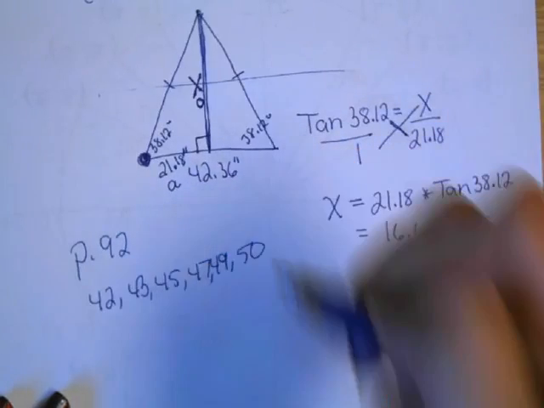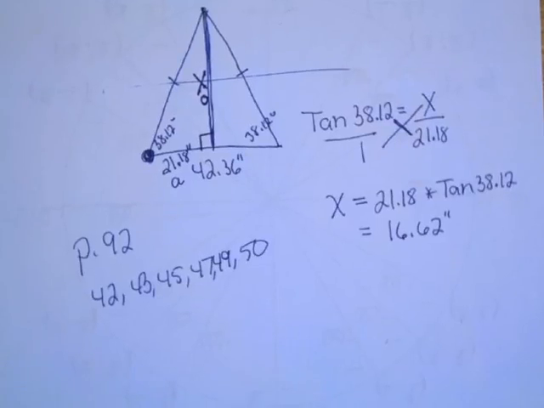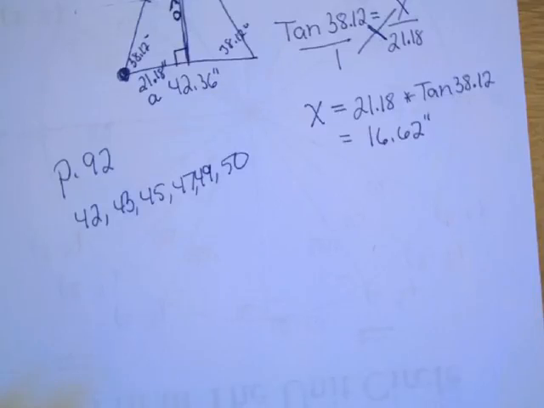One, two, three, 4, 5, 6. Six of them. So it's tough.